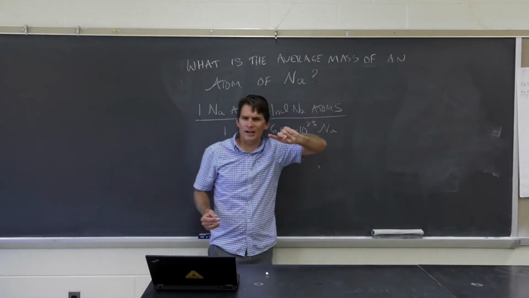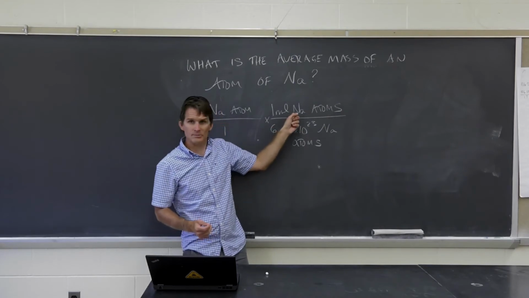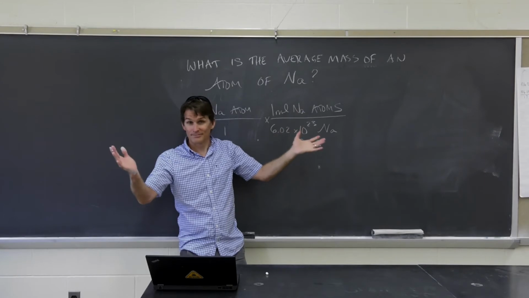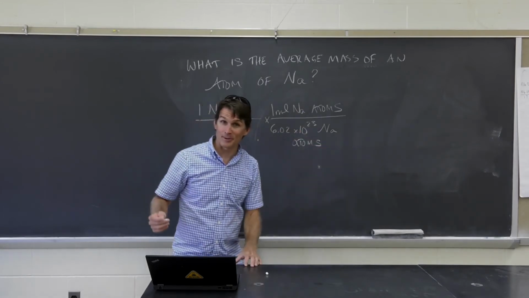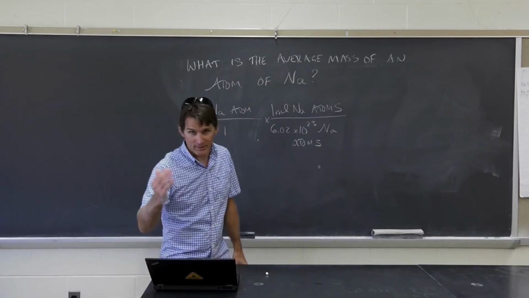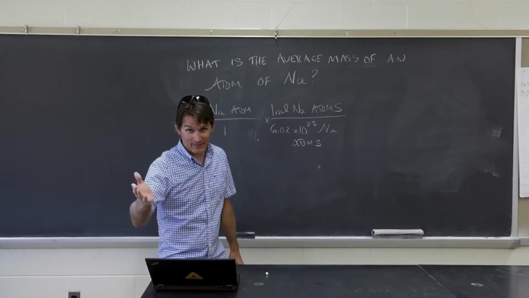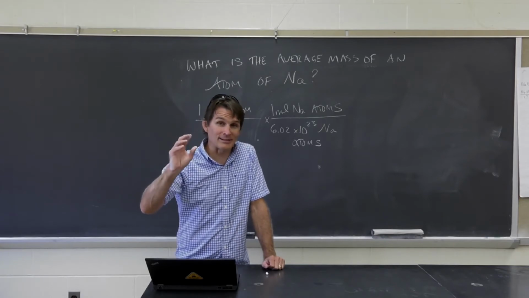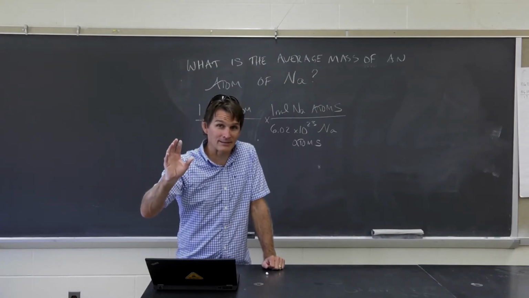So how do I find how a mole of sodium atoms connects to grams? Periodic table, the molar mass, the atomic weight. I might say molar mass, I might say atomic weight. I use those synonymously. Listen to what I'm actually saying when I say molar mass.